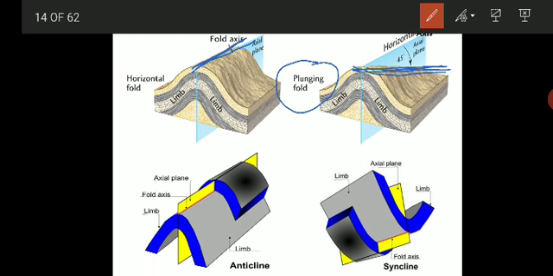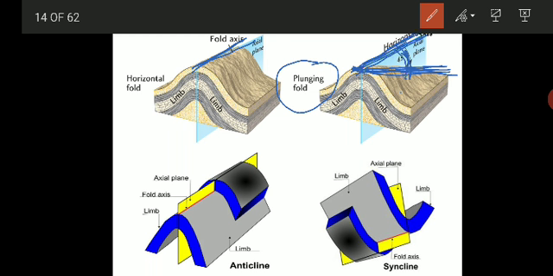The fold which has an inclined fold axis is called the plunging fold, and the angle of inclination of a fold axis with the horizontal is called the angle of plunge. So here this is the angle of plunge. What is that? The angle between the fold axis in a plunging fold and the horizontal plane.